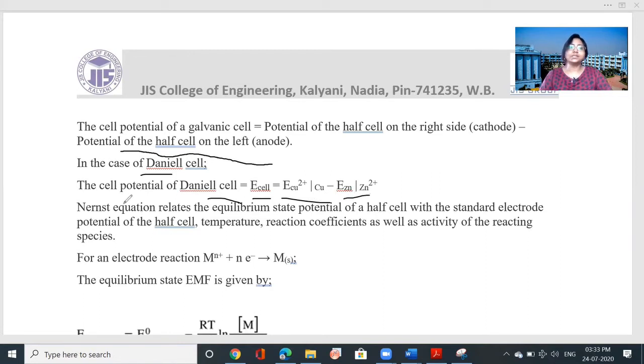The Nernst equation relates the equilibrium state potential of a half cell with the standard electrode potential of the half cell, temperature, reaction coefficient, as well as the activity of the reacting species.